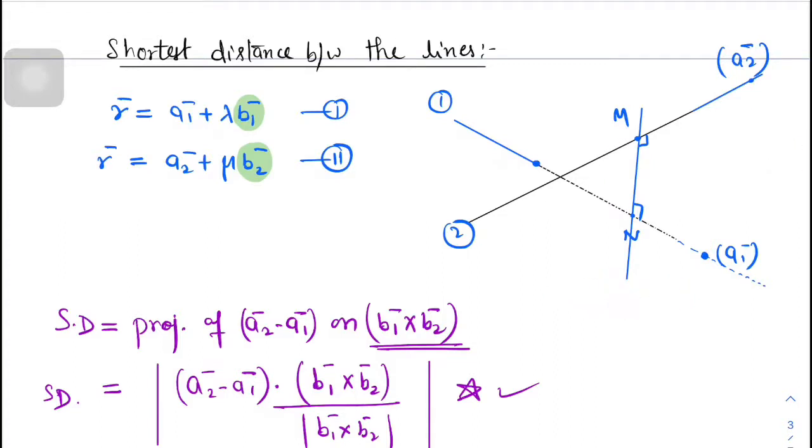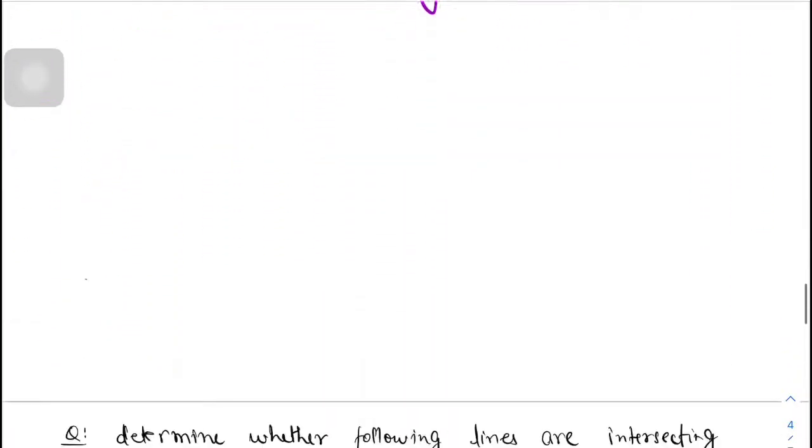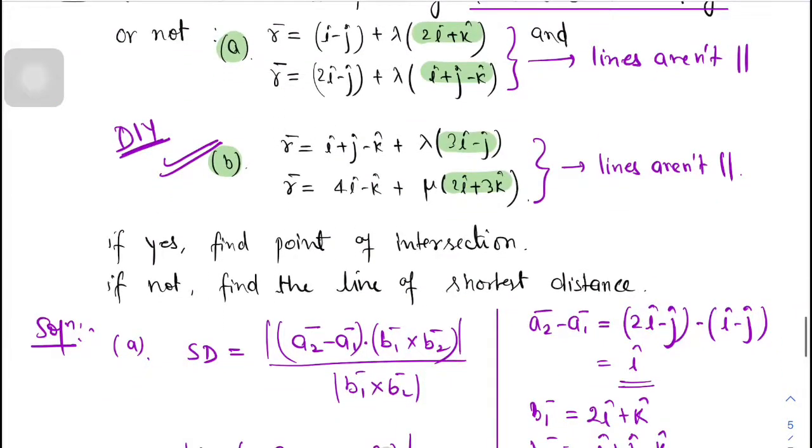If these are two lines and they are skew lines, not parallel and not intersecting, then there must be a line of shortest distance. In this case this line is MN. We can also be asked about the equation of this line. So the question can be like this: if the lines are not intersecting, then also find the line of shortest distance.